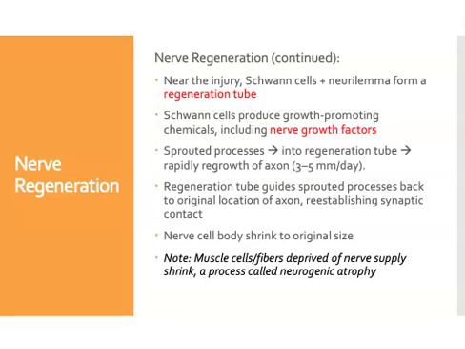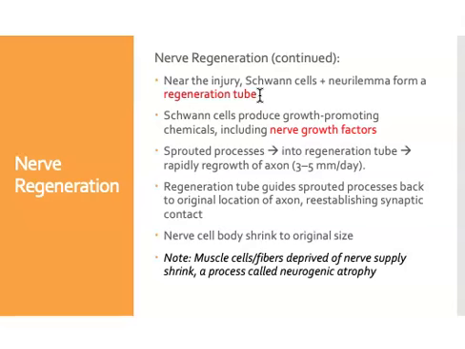Up near the site of the cut, again, at the stump of the axon, the Schwann cells that are left over, if they're present, and the axon membrane are going to form a structure called a regeneration tube. And it literally is a tube, like the tube inside a roll of paper towel.